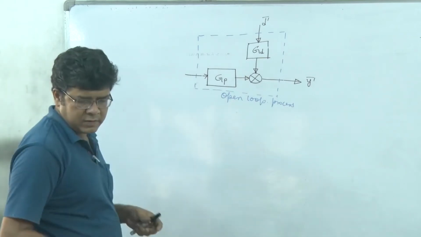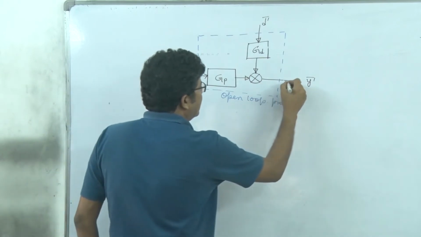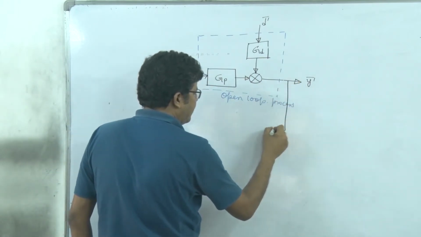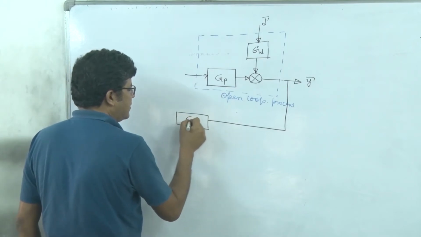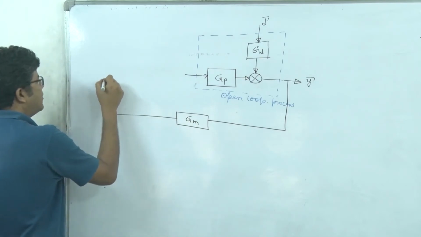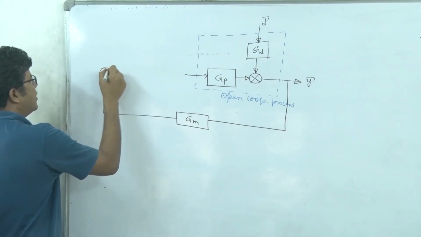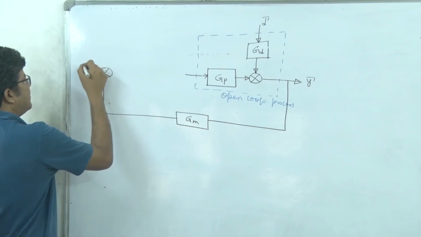Now, here we will couple the feedback loop. First, we initiate the loop through the measuring device GM. We feed the measuring device to the comparator, which is an integral part of the controller, and we compare it with the set point.